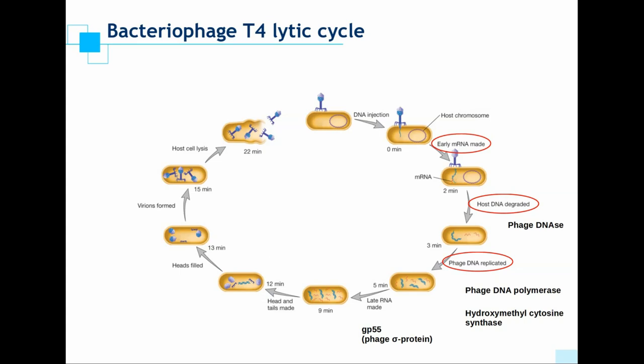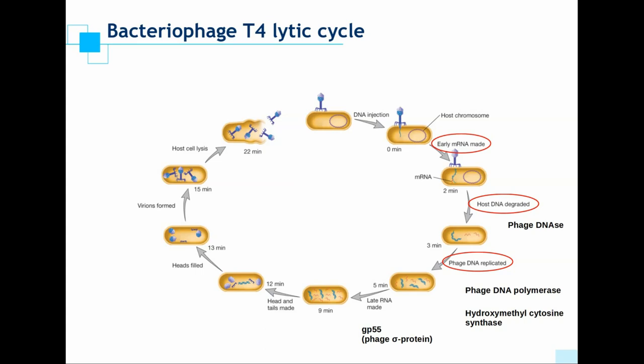And this cannot bind to DNA unless it's associated with a sigma factor, right? This is what binds to the promoter. So GP55, this is a sigma protein. So in the infected cells, you get this complex, and this is what targets the RNA polymerase to the late gene promoters. Okay, so that means you can't get expression of these late genes until you've already got GP55.